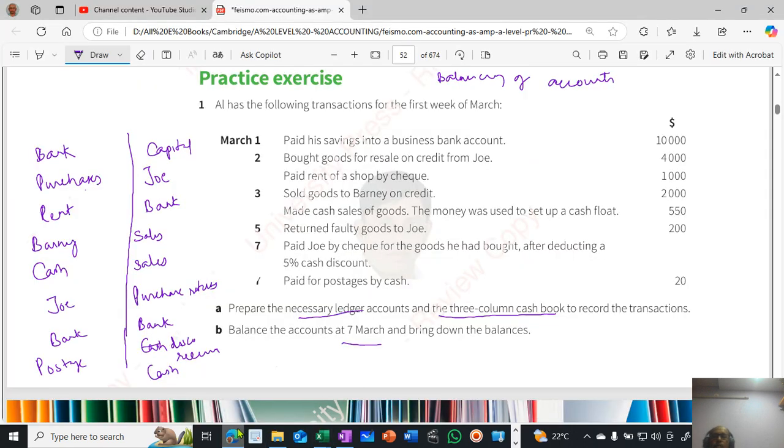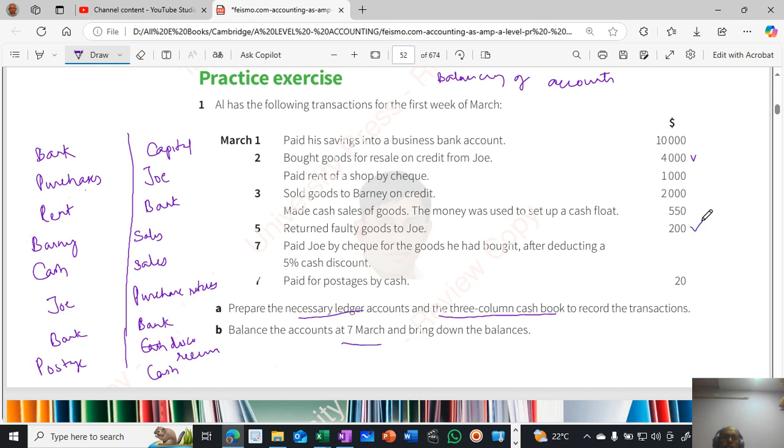So, now come to paid Joe by check the goods he had bought after deducting 5% cash discount. So we have to calculate how much you are paying. 4,000 is the purchase and 200 is the return.